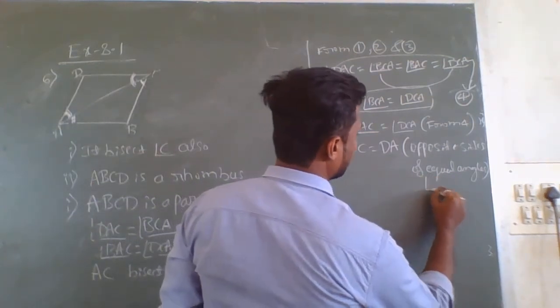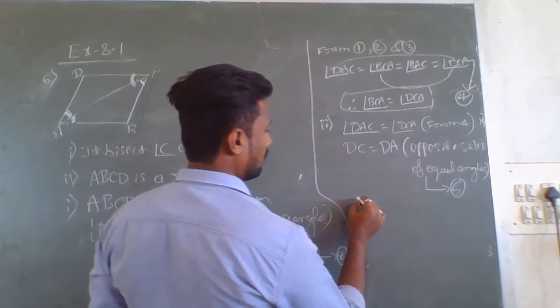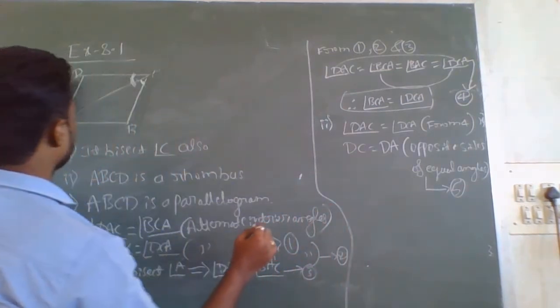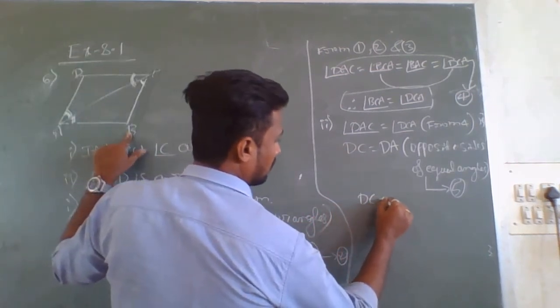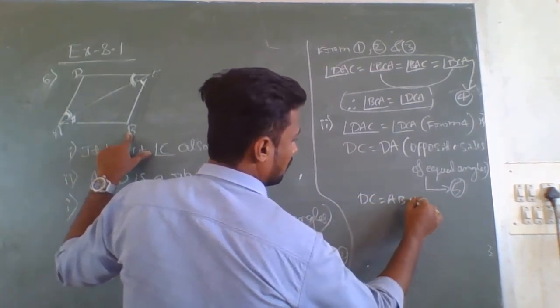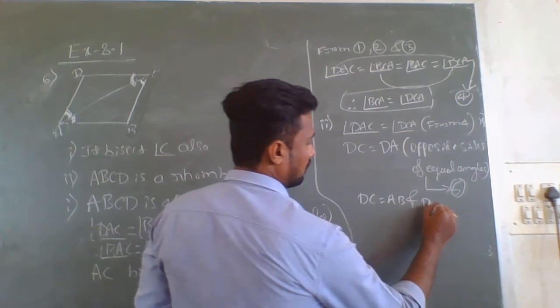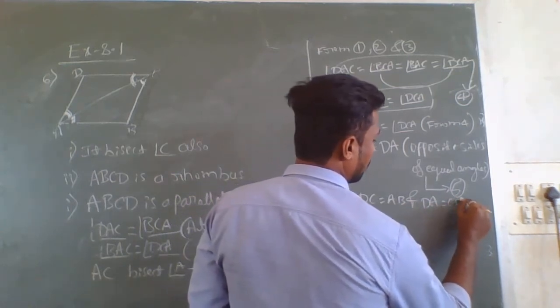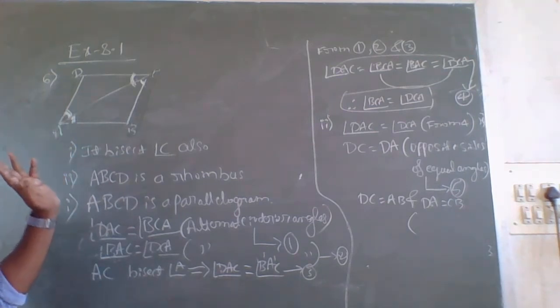So here I will consider this as 5: DC is equal to AB, and DA is equal to CB, because it is given in the question that ABCD is a parallelogram.